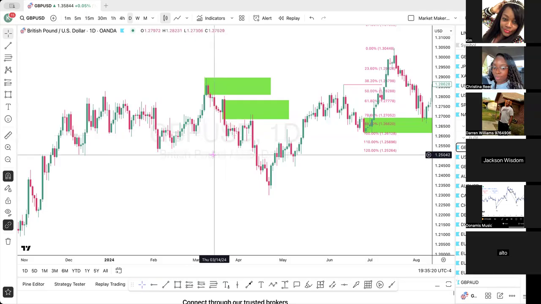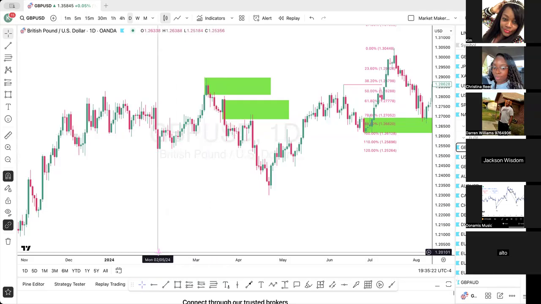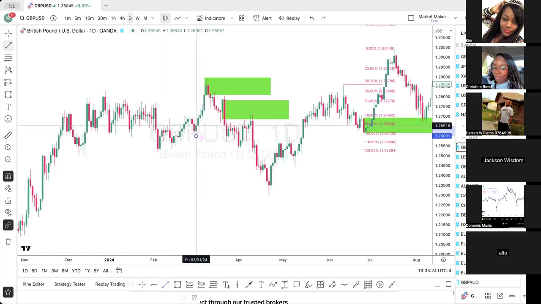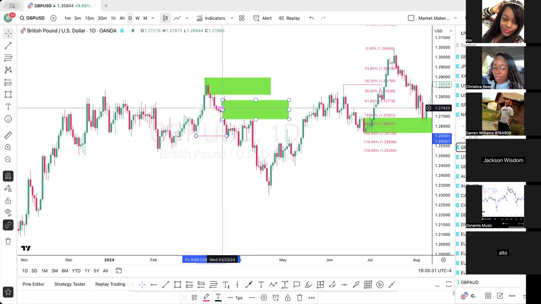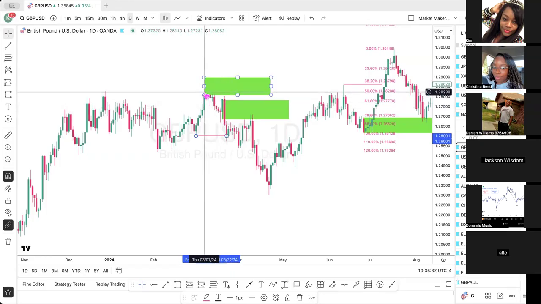But then price shifted a little internal structure, because price broke that internal structure. And then it gave you a supply zone, right? So it gave you this supply zone and then this supply zone.